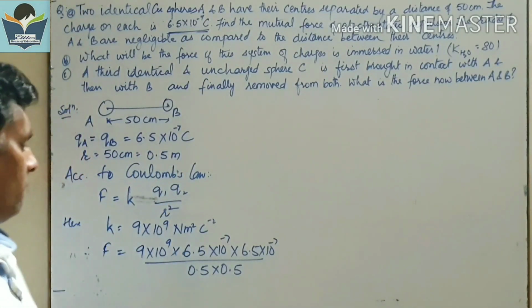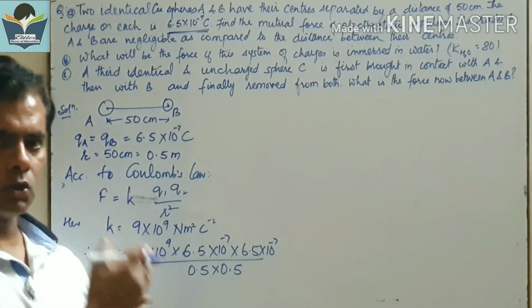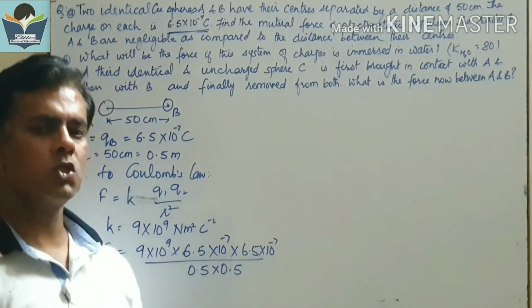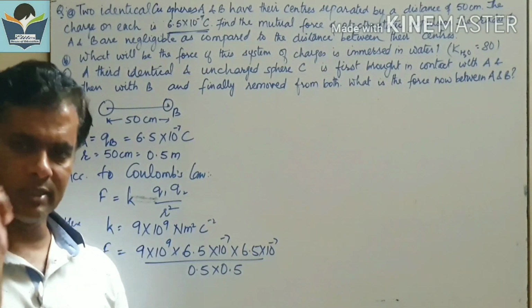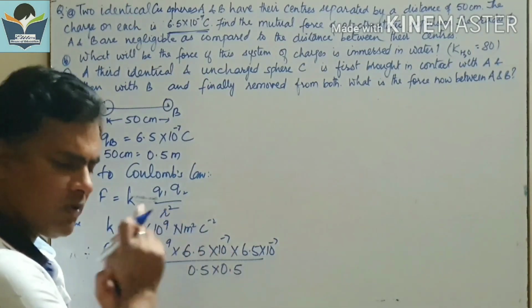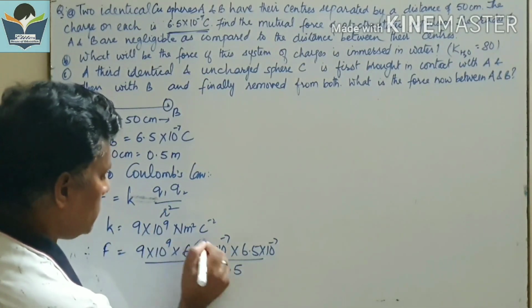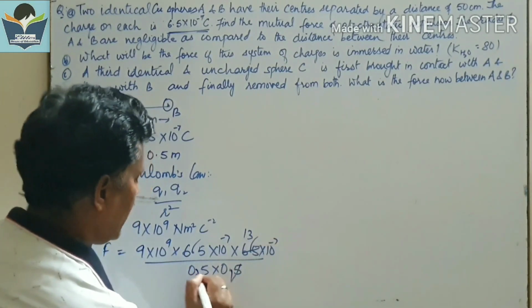Remember here, we have to square the distance. Generally, when students solve it, they forget to square the distance. So keep it in mind, you have to square the distance. Distance squared means distance multiplied by itself. We solve it like this. 5 cancels 65, 13 times.